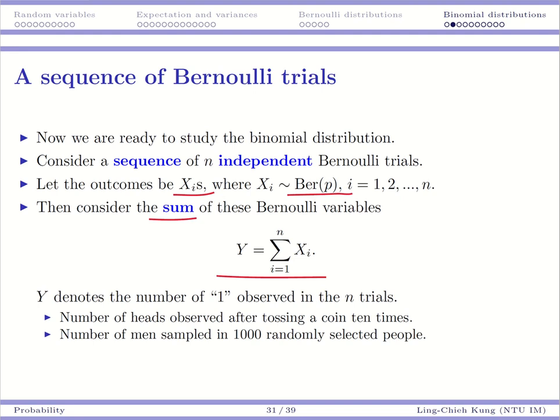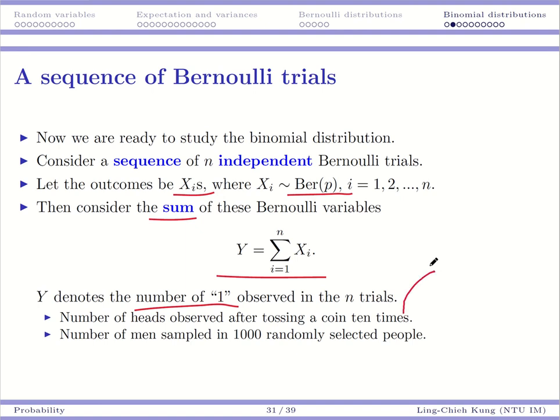So in this case, we are counting the number of ones that we observe in the n trials, like the number of heads we observe after tossing a coin 10 times, or the number of men sampled in 1,000 randomly selected people. So these are all examples of a sequence of Bernoulli trials.